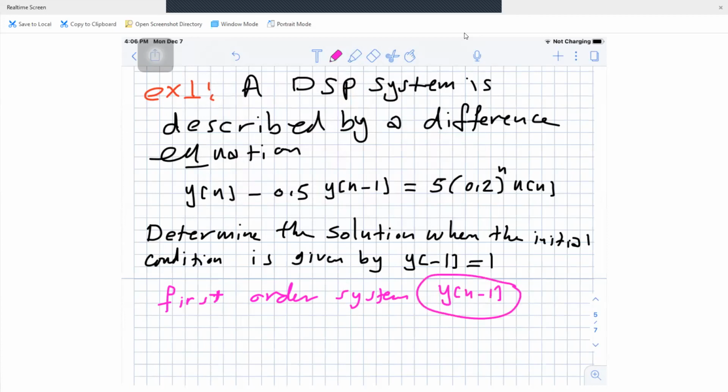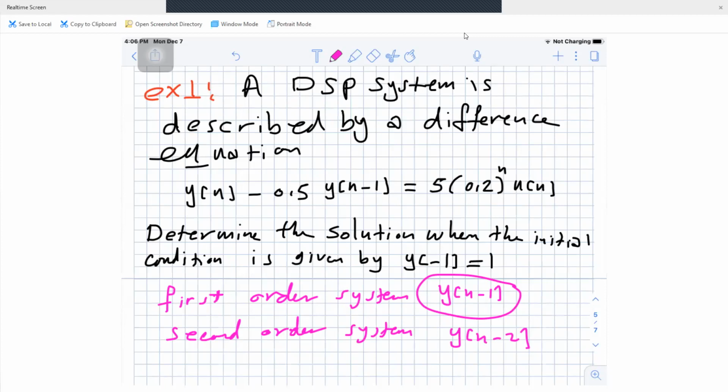Now, if we have, for example, y of n minus 2, at that time it will be a second order system. Of course, third order, fourth order depend upon y of n minus 2, y of n minus 3, y of n minus 4, and so on. Well, now we have talked about the order and the rank of the system.